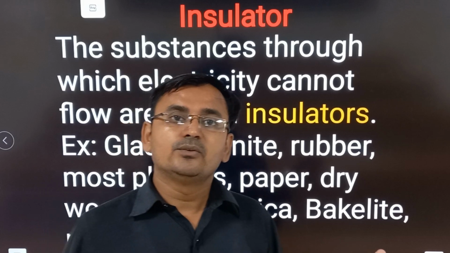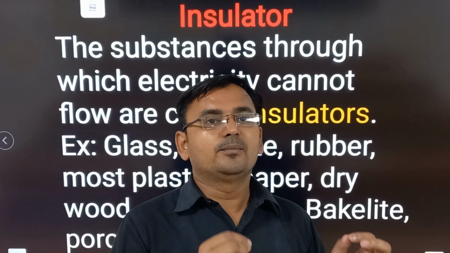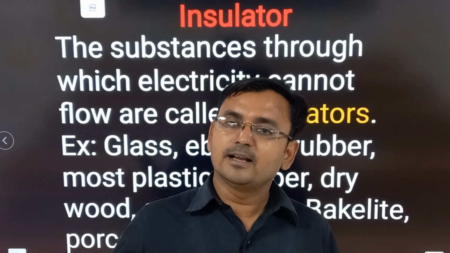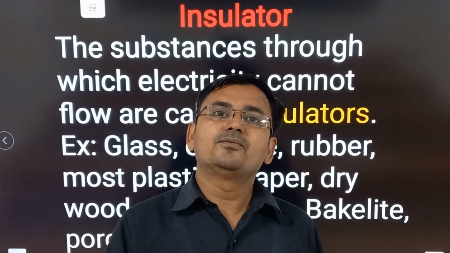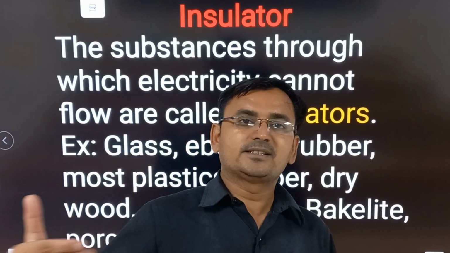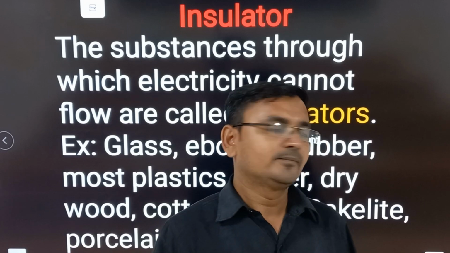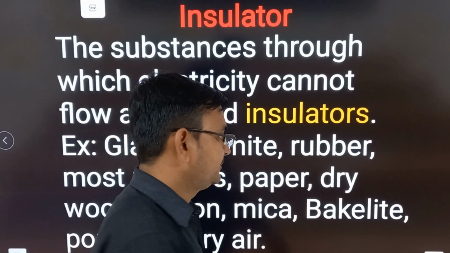So we use rubber or plastic materials for protection. We have already seen the electrical wire. In the electrical wire, the outside layer is made from rubber or plastic materials, and inside this there is a metal like copper. Okay, so this is very important in electricity.